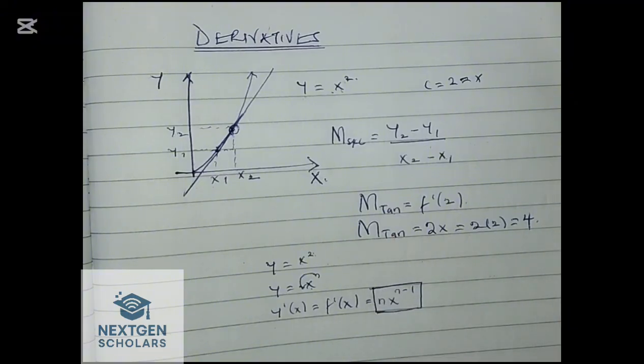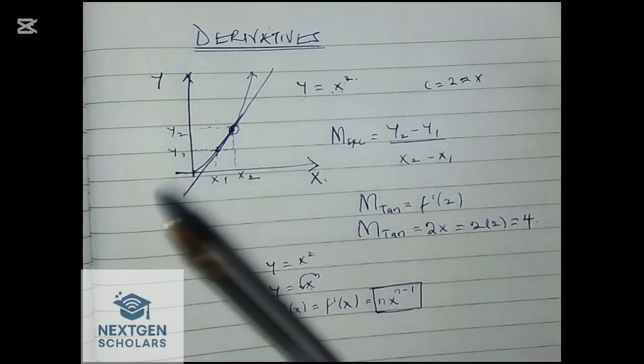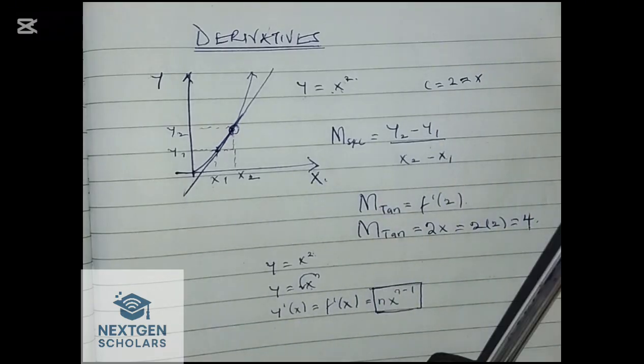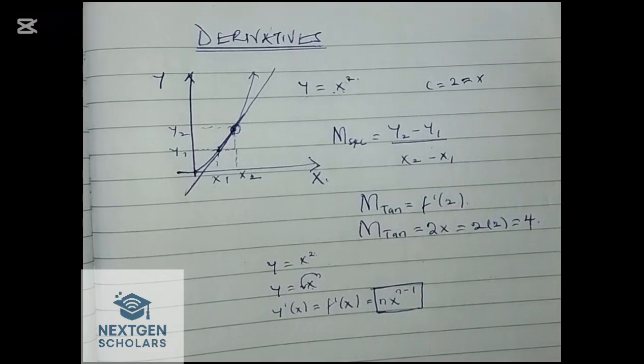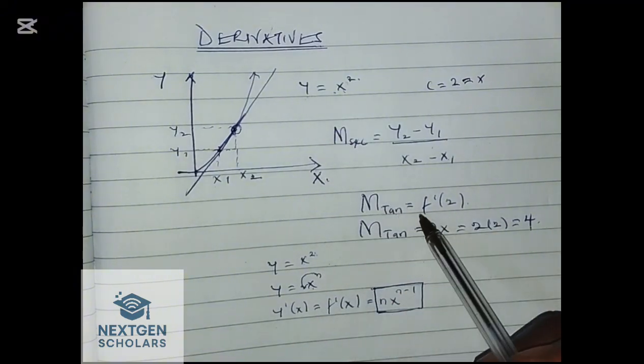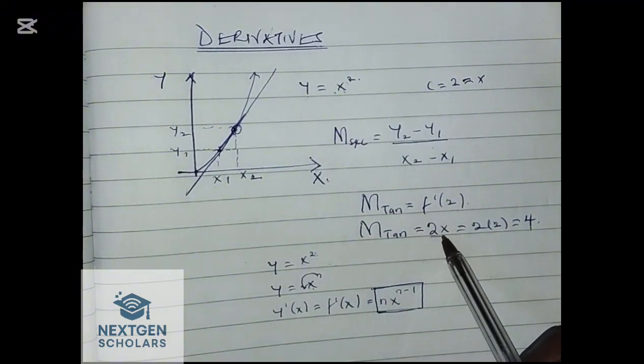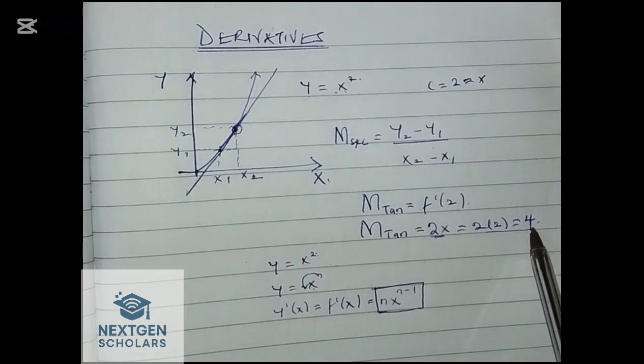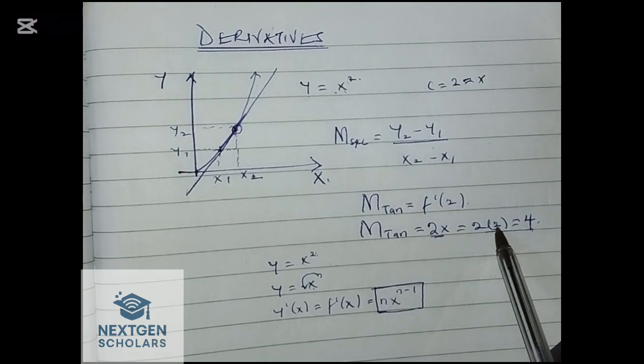According to our definition, the derivative is a function that gives us the slope of a tangent line of some original function, which means that this is our function, and this is our derivative that gives us the slope of the tangent line at the point 2.